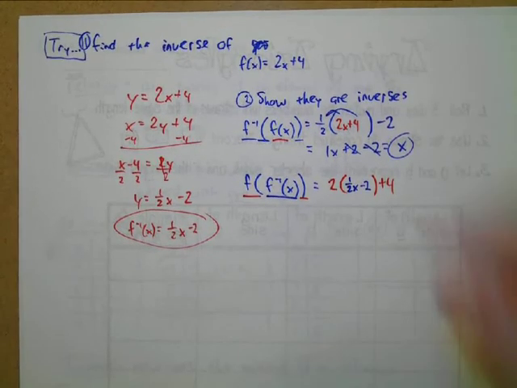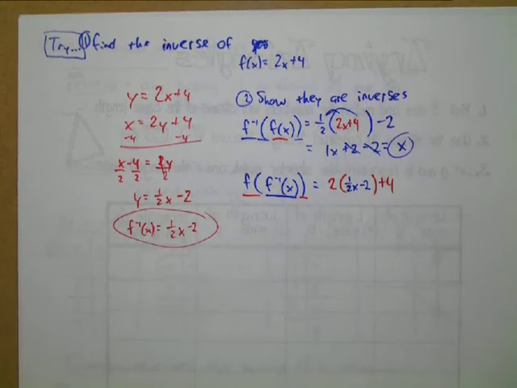You see the difference here. In the first one, I plugged the function into the inverse, so this went into the x that was here. In the second one, I'm taking the inverse and plugging it into the x there.